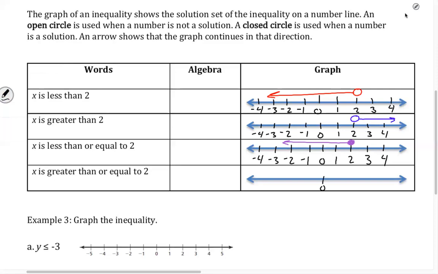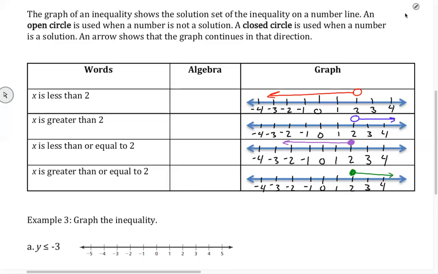So I have 0, 1, 2, 3, 4, -1, -2, -3, -4. And it's going to be a closed circle at 2. I'm going to shade to the right.